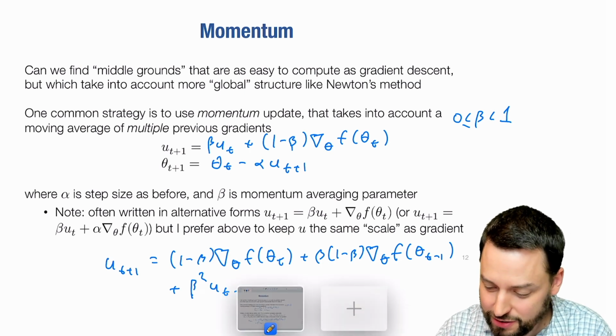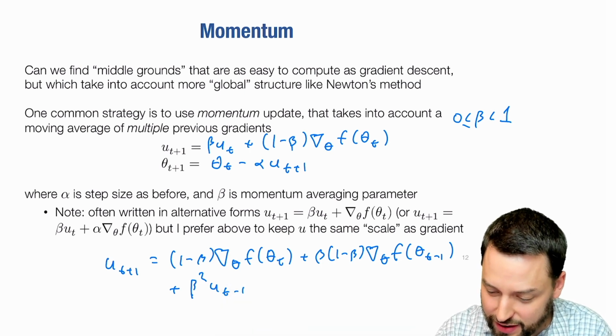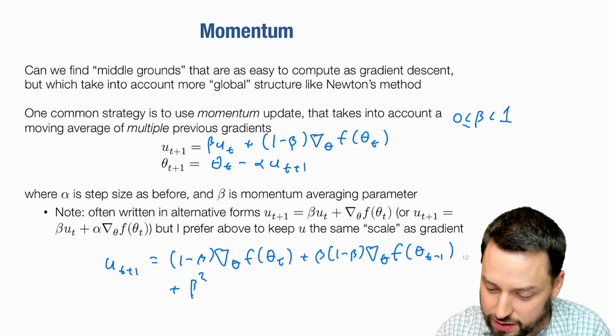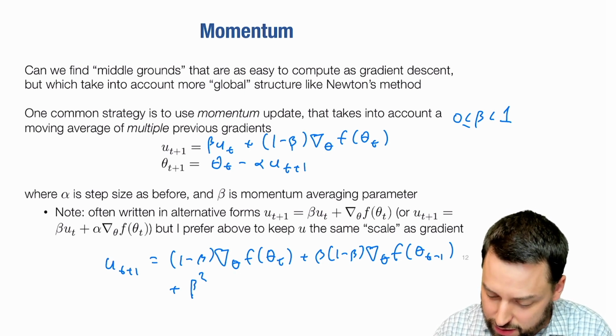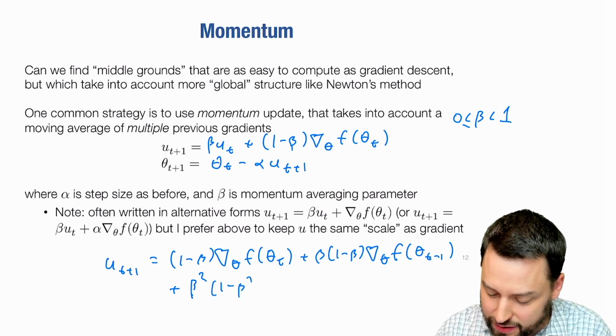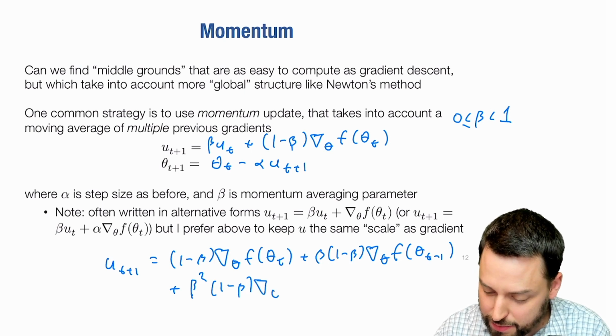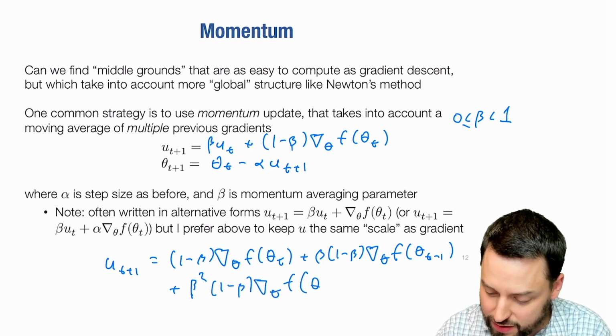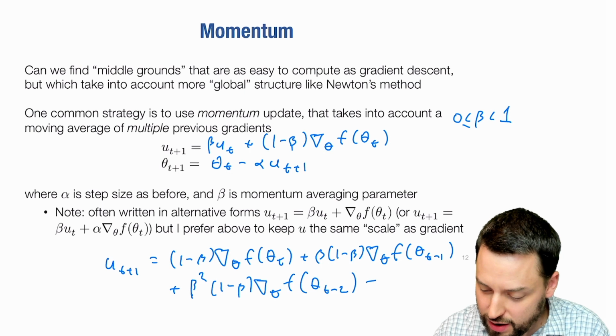But we can expand that too, to make that equal to 1 minus beta times the gradient at time t minus 2, etc.